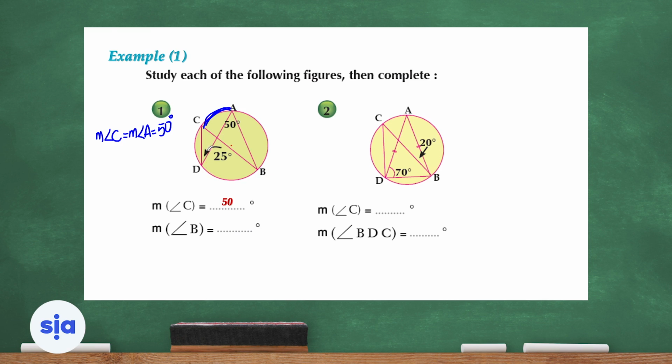Yes, definitely, angle D. So the measure of angle B is equal to the measure of angle D, which is 25 degrees.